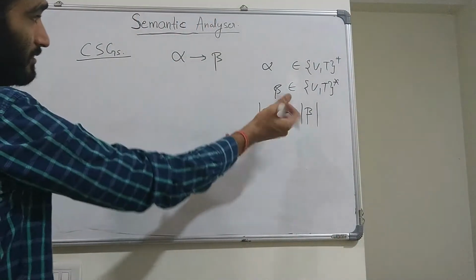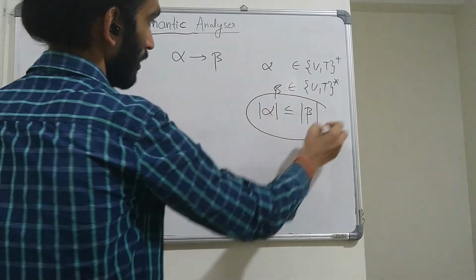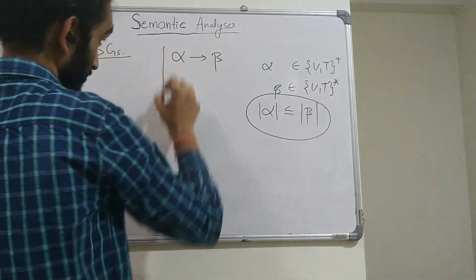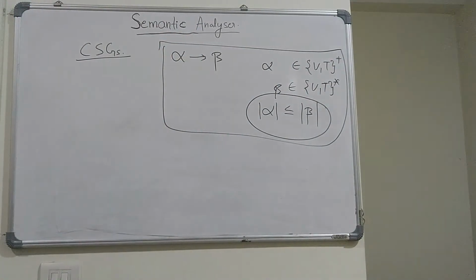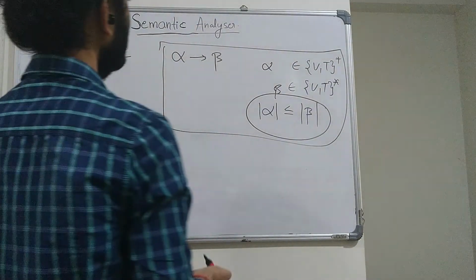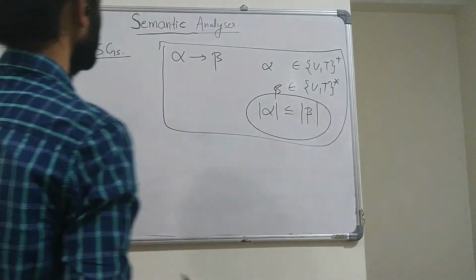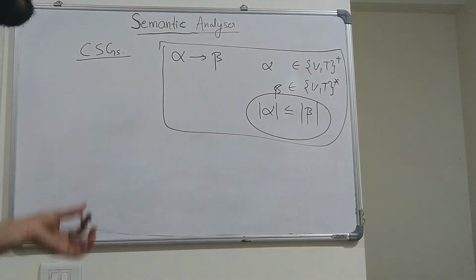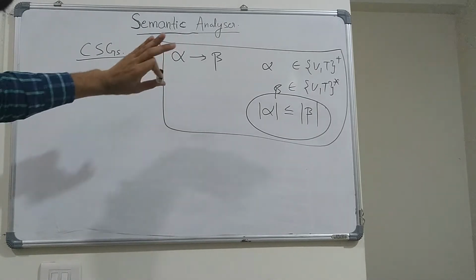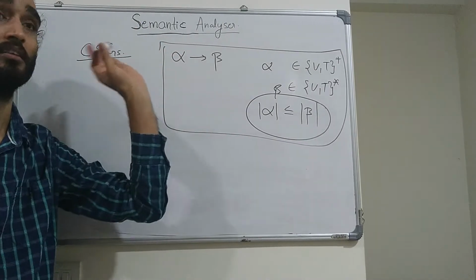Now implementing these types of grammars into a compiler is very difficult, or it is still unknown how to implement these kinds of grammars into the compilation process. We don't have any proper algorithm for implementing context sensitive grammar.